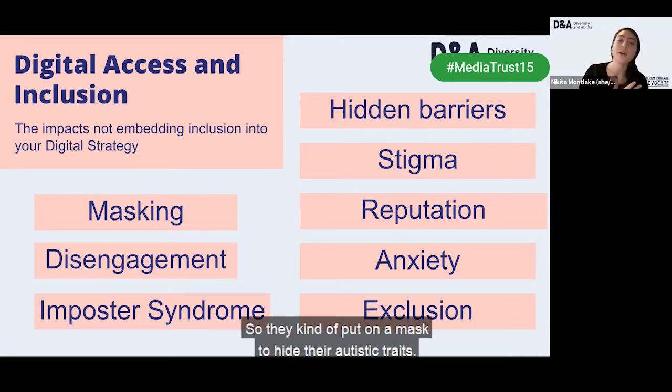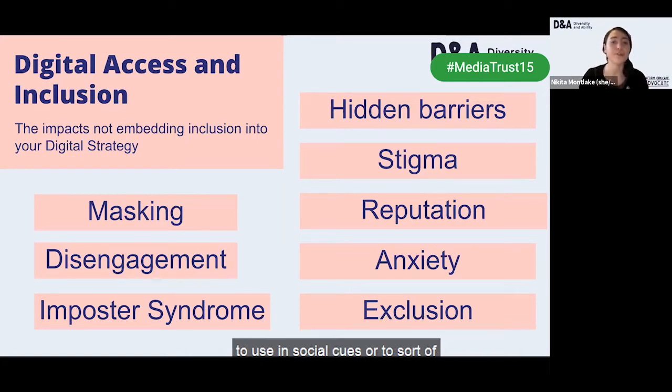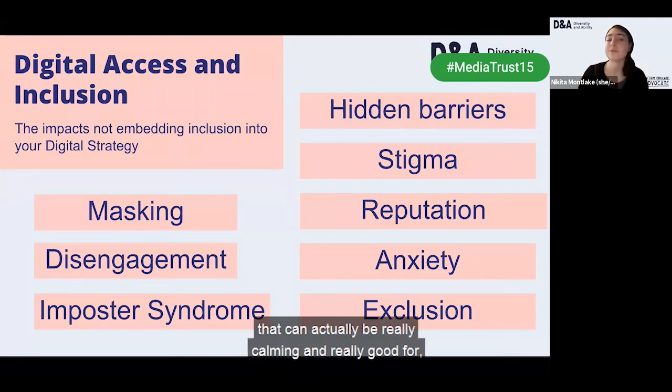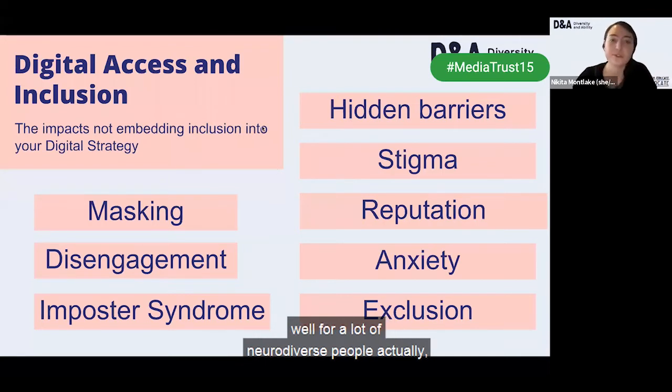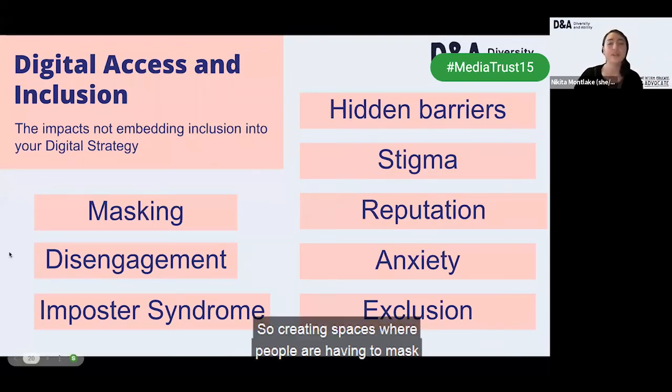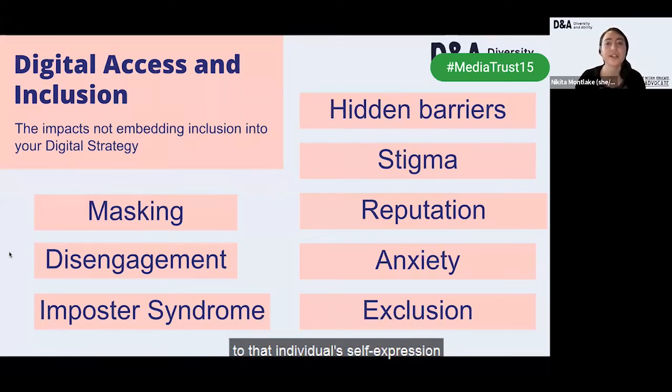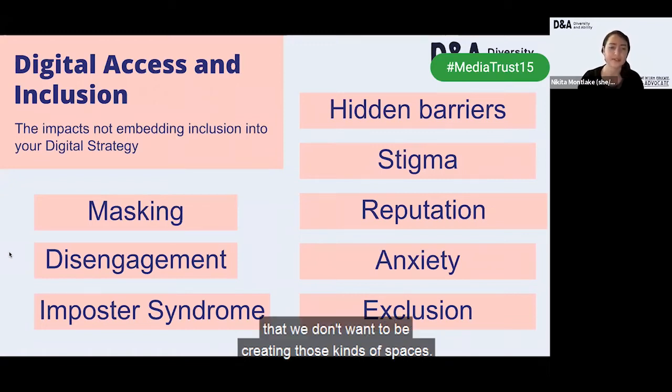They put on a mask to hide their autistic traits, like learning phrases to use in social cues, or suppressing their stimming, those repetitive movements that can actually be really calming and good for a lot of neurodiverse people to be practicing. Creating spaces where people have to mask can be quite detrimental to that individual's self-expression and how they move through the environment. It's key to bear in mind that we don't want to be creating those kinds of spaces.